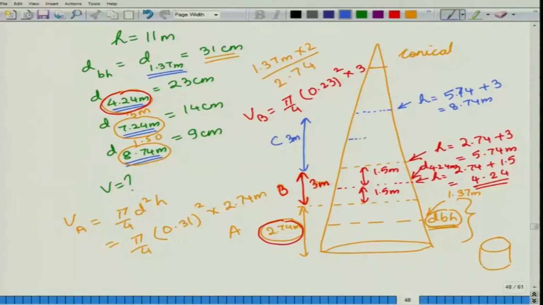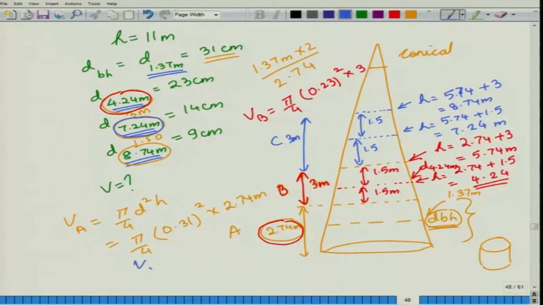Consider the midpoint. At the midpoint your height is 5.74 plus 1.5, because this is 1.5 and this again is 1.5. So, this is 7.24 meters, which is this height.